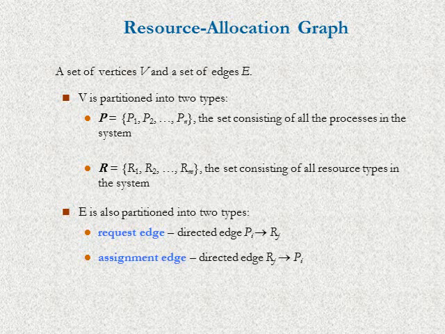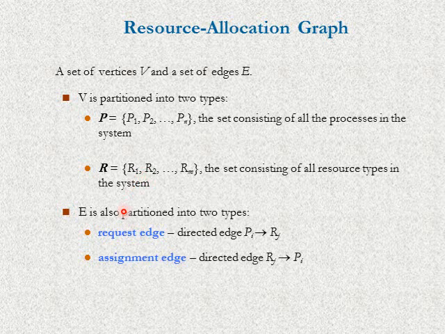First is P, the set of processes that are present in a system, and the other one is R, which is the set of resources that are present in the system. So the resource allocation graph is a graph that comprises some vertices and some edges. The vertices can be of two types: either they can be processes or they can be resources.